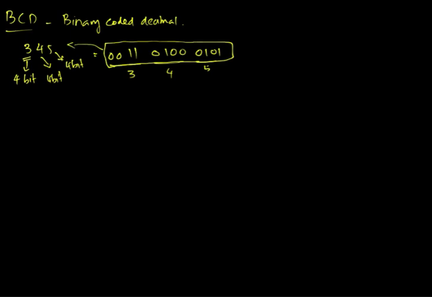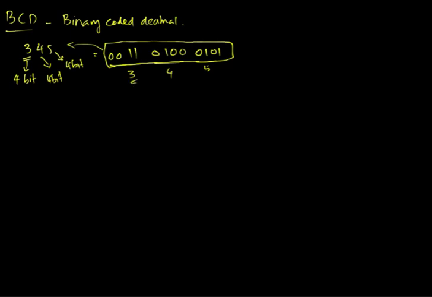And this is the simple way of representing integers, but it has two main disadvantages. The primary disadvantage of BCD representation over the ones and twos complement representation is that it requires more space, because each digit actually requires 4 bits.